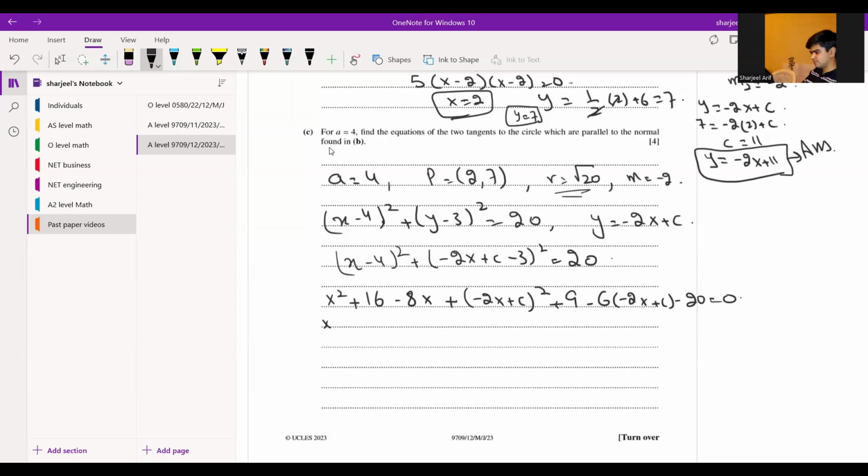We will further simplify it. Minus 8x plus 4x squared, minus 4xc, plus c squared plus 12x minus 6c minus 20 equals 0.